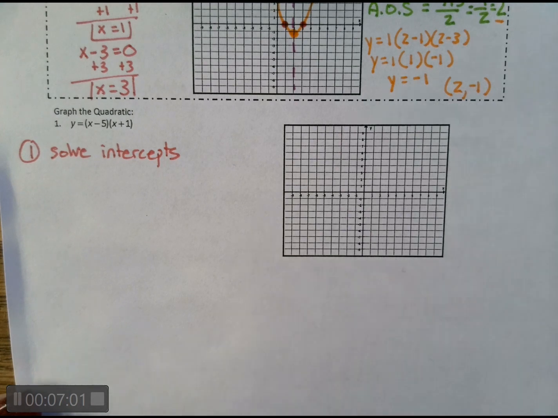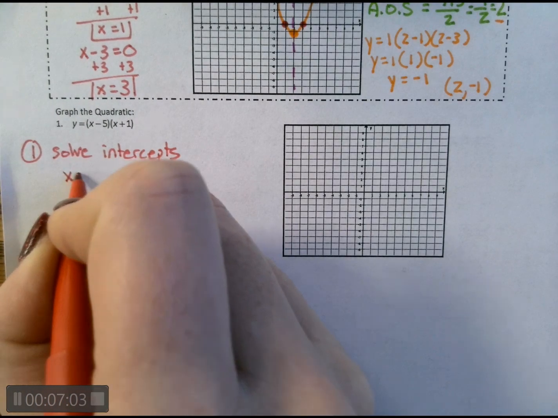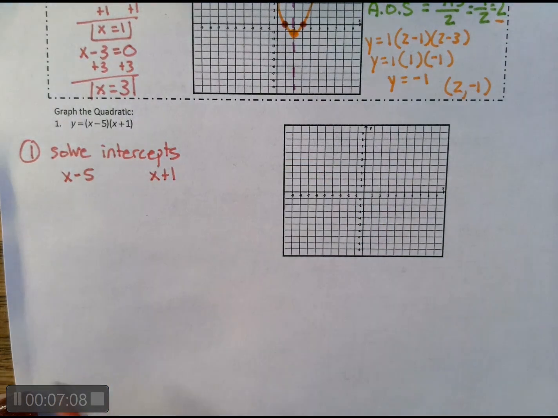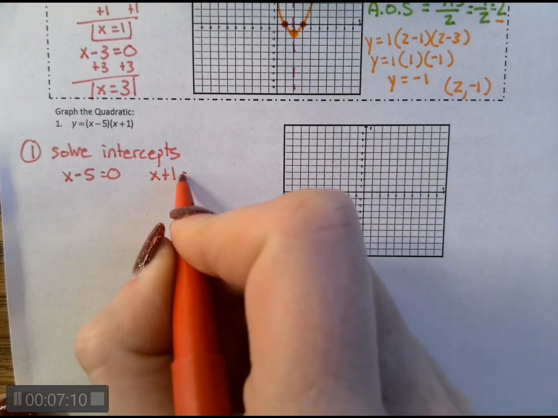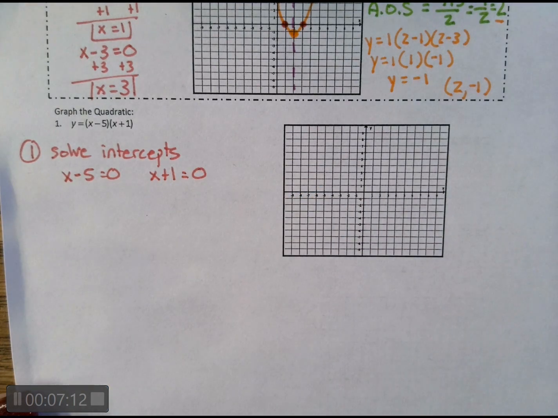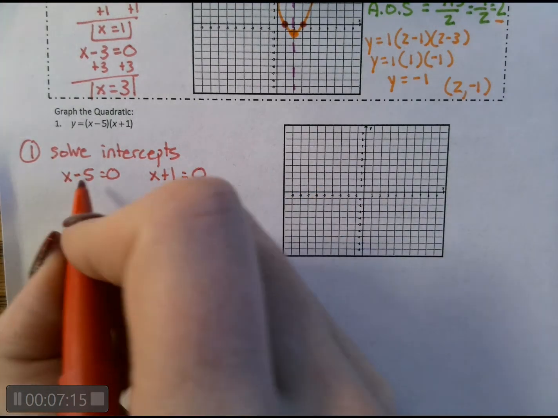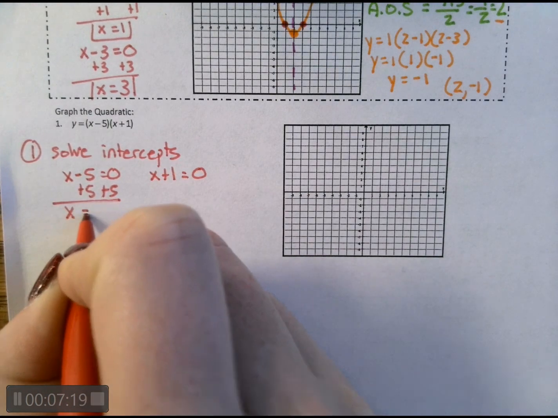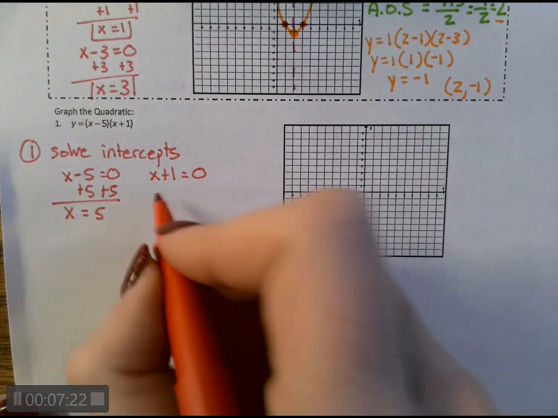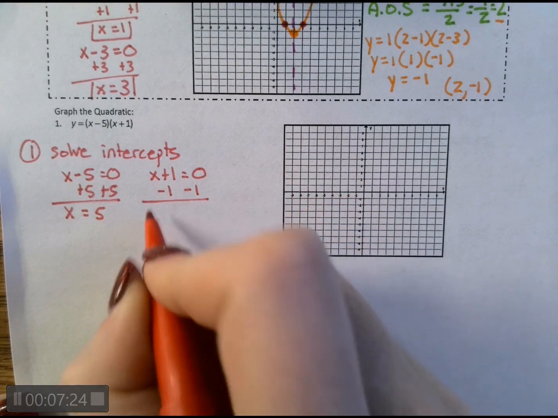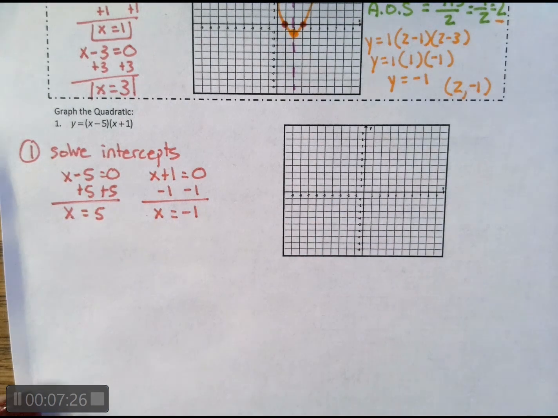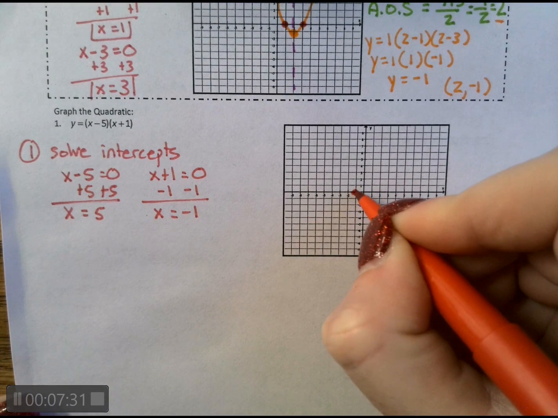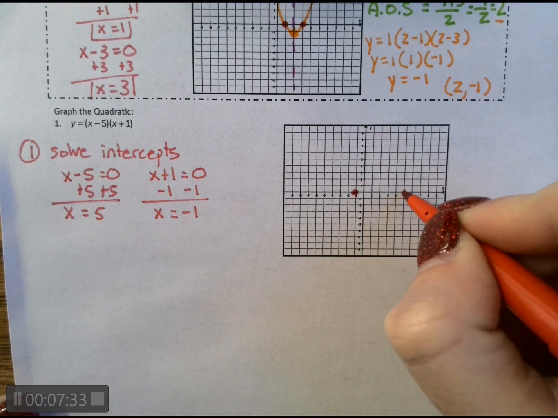So we're going to take each of our parentheses, the x minus 5 and the x plus 1, and we're going to set them equal to 0. And then we're going to solve for x. So I'm going to add 5 to both sides for the first one, so that x equals 5. And I'm going to subtract 1, so I get x equals negative 1. And then we can graph those. So I have x equals negative 1 and x equals positive 5.